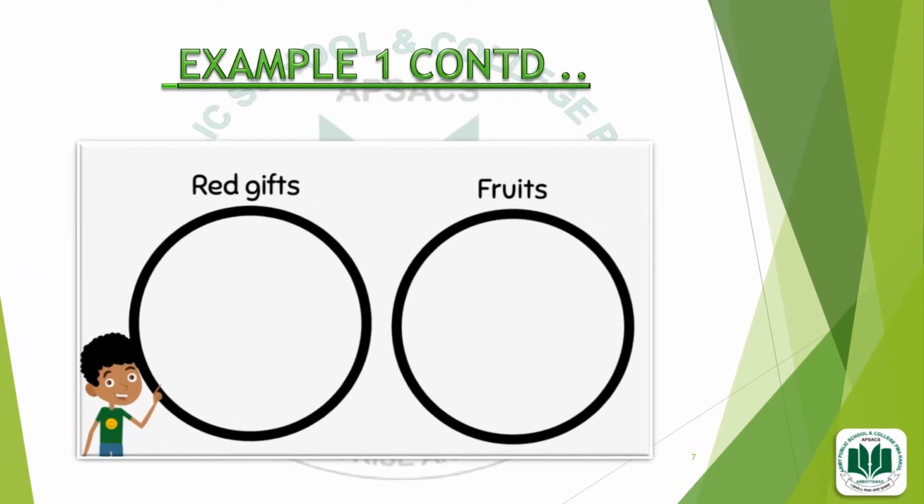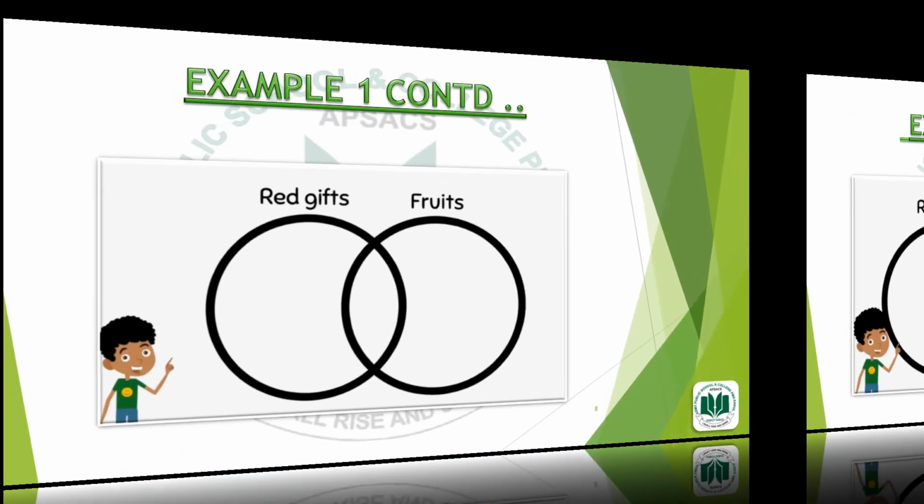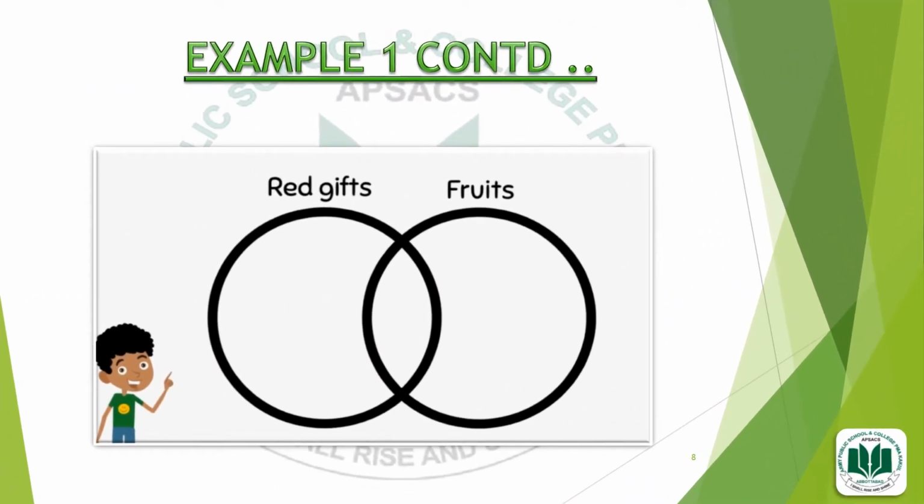He drew a circle to represent all the red gifts and another circle to represent all the fruits. But he remembered that some of the fruits are also red. So he made sure that two circles have an overlapping part.